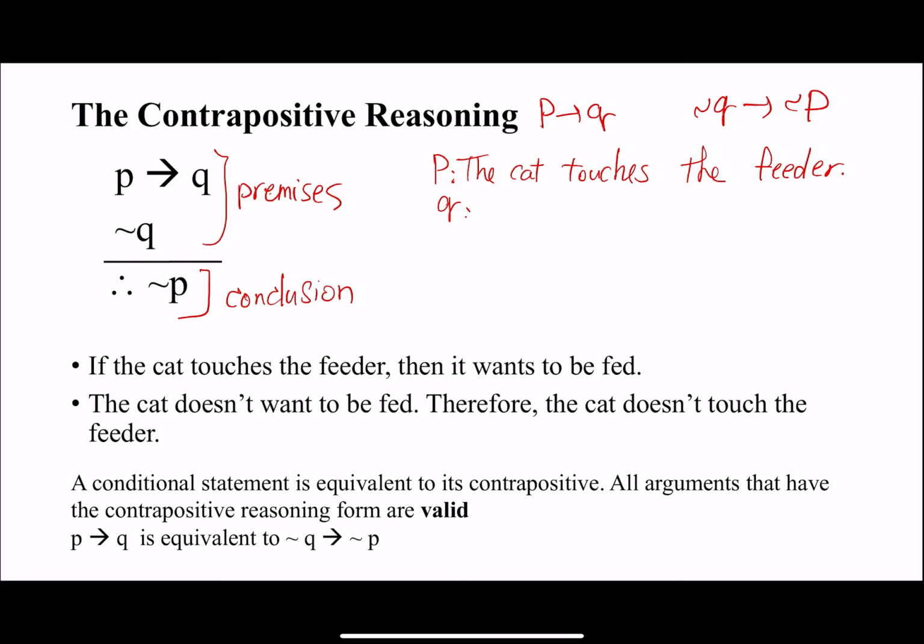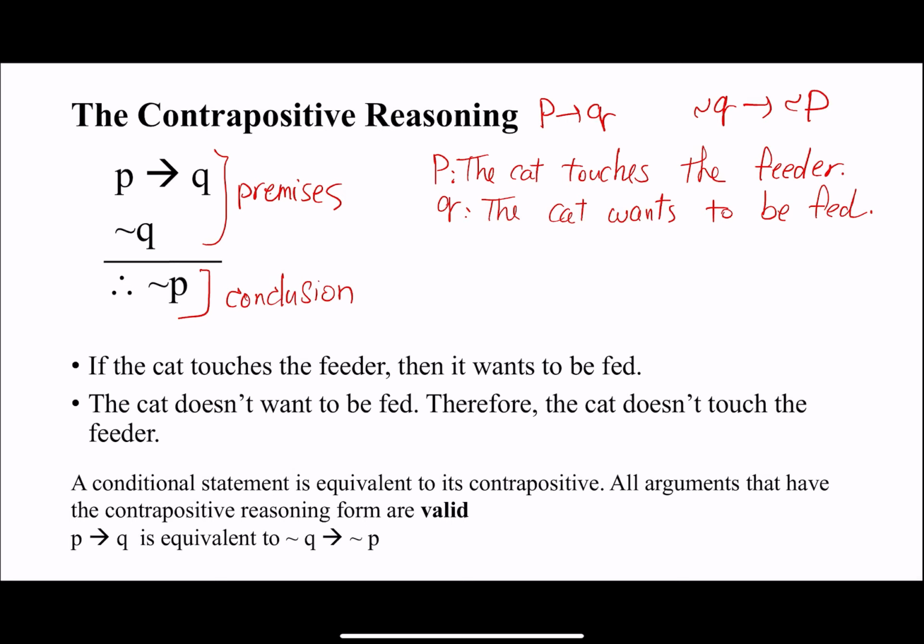So, if the cat touches the feeder, if P, then it wants to be fed, Q. The cat doesn't want to be fed, not Q. Therefore, not P. The cat doesn't touch the feeder, okay?